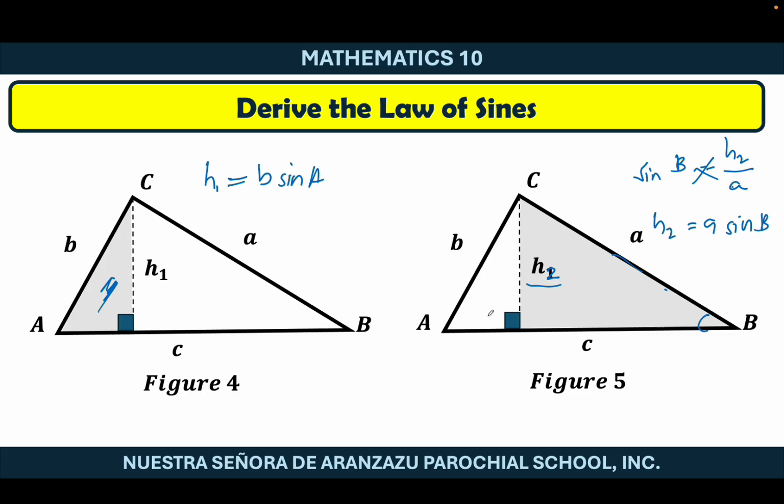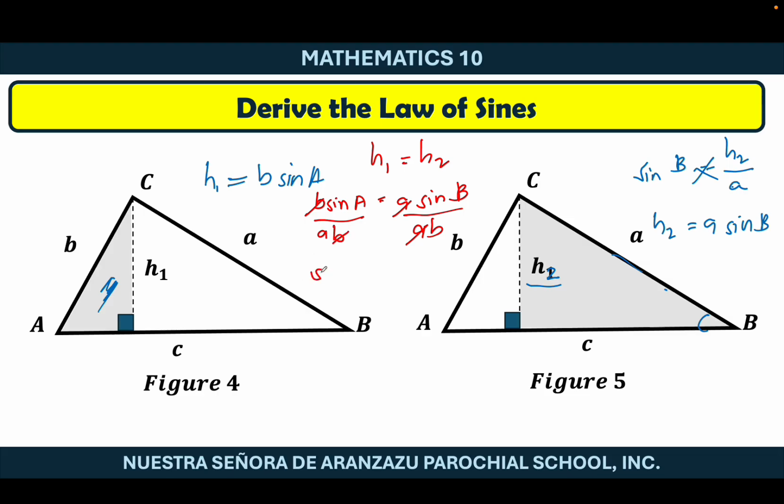Now, as we can see, what did you notice about h sub 1? h sub 1 is equal to h sub 2. So therefore, b sine A is equal to a sine B. And if we divide both sides of the equation by ab, we can cancel this and we can cancel this also.